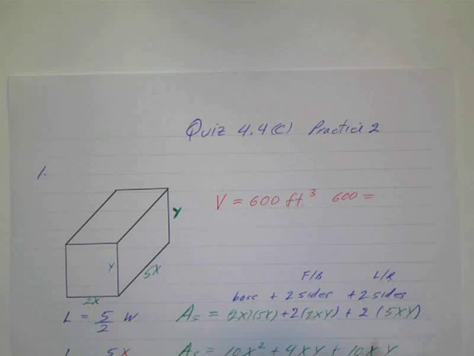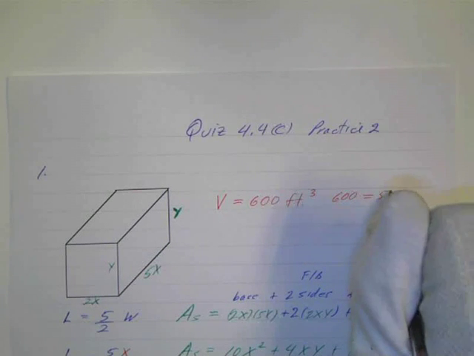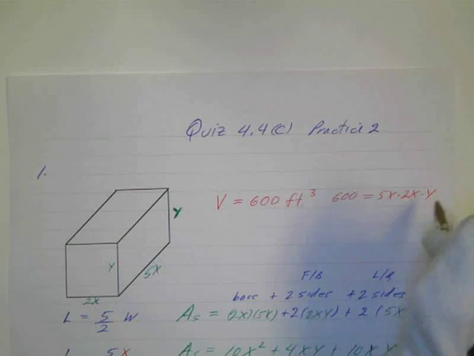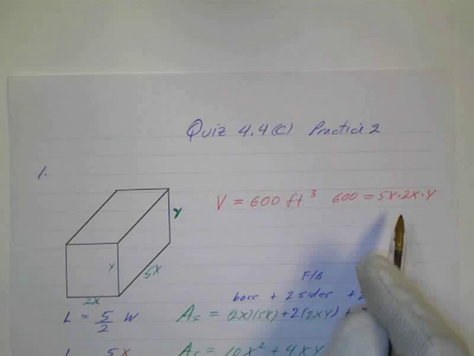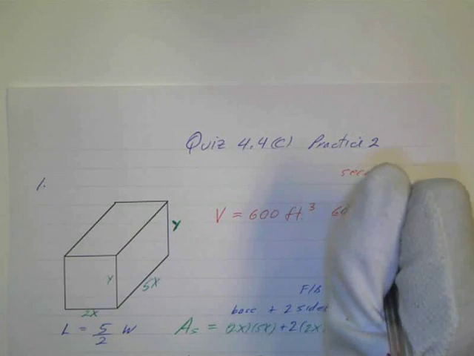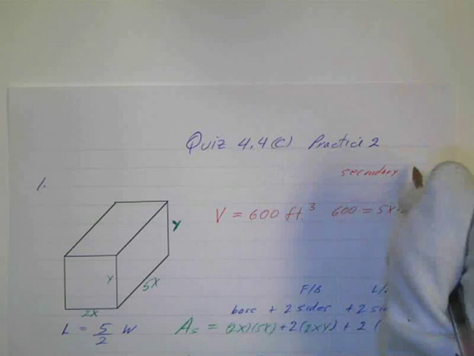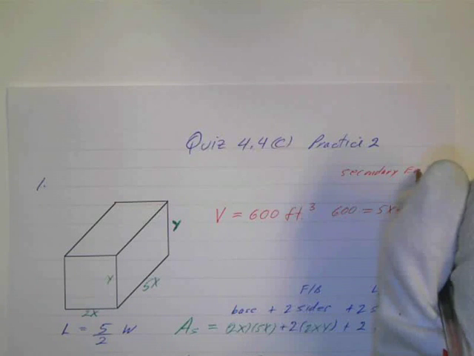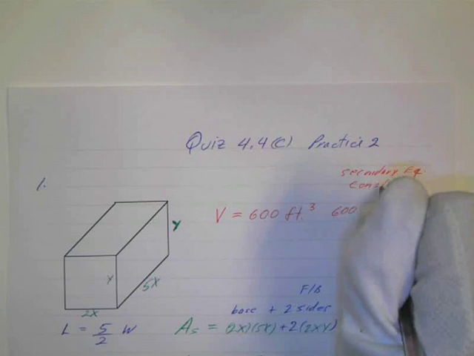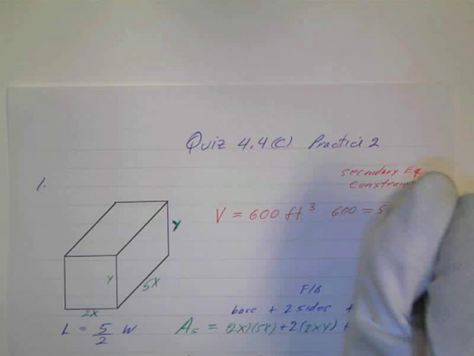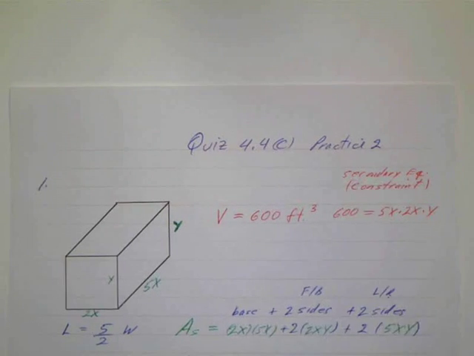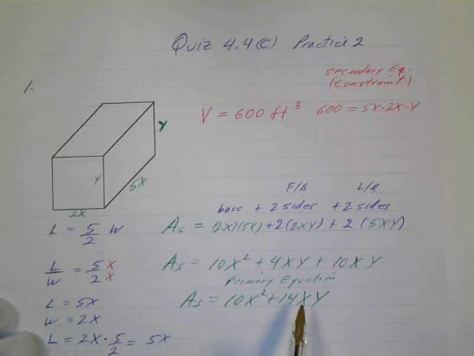So that's going to be 5x times 2x times y, and this is the volume, and this is my secondary equation, or what we call the constraint. And now that's going to allow me to reduce this equation from two unknowns to one unknown.